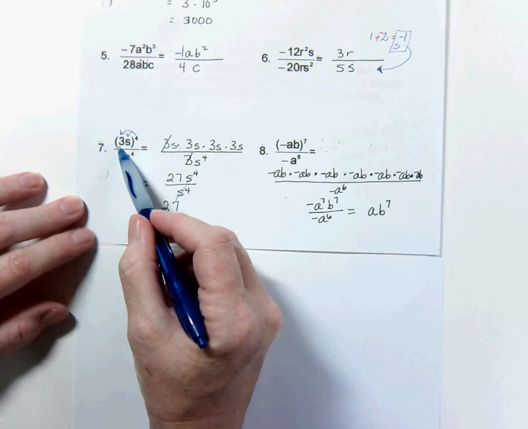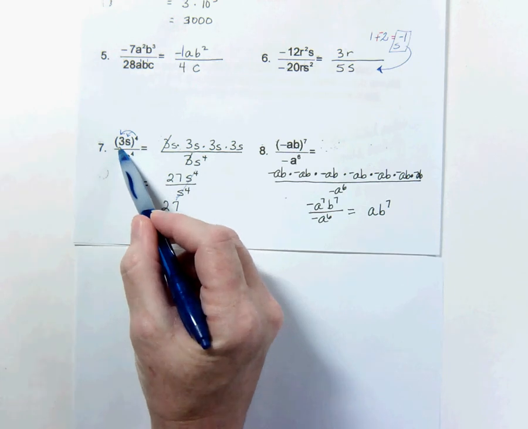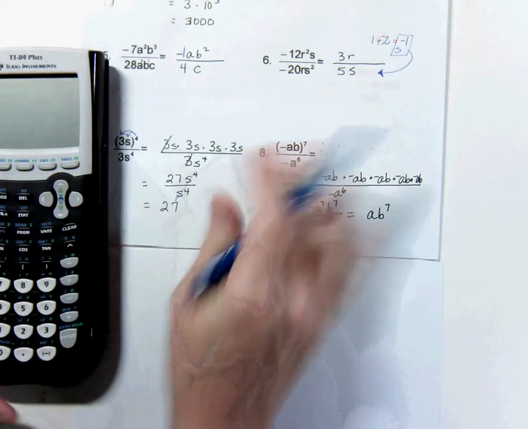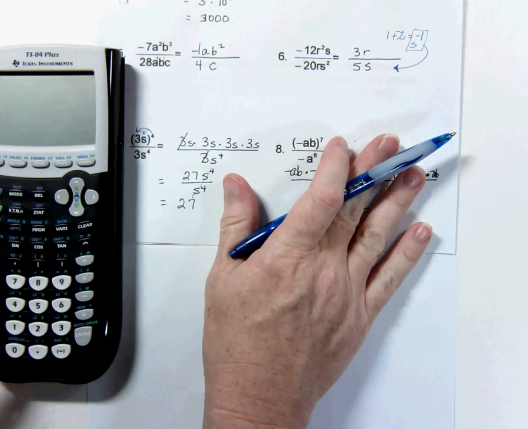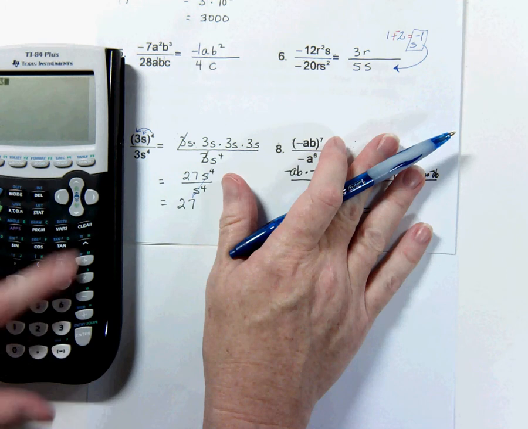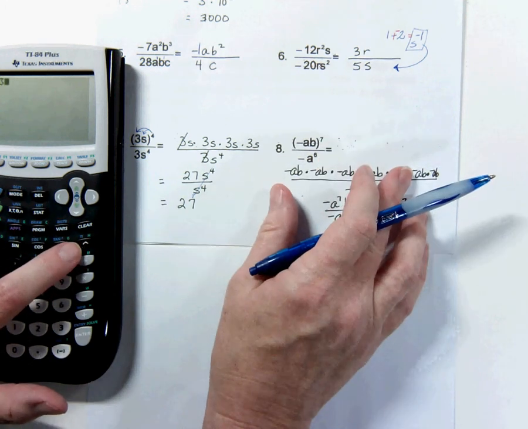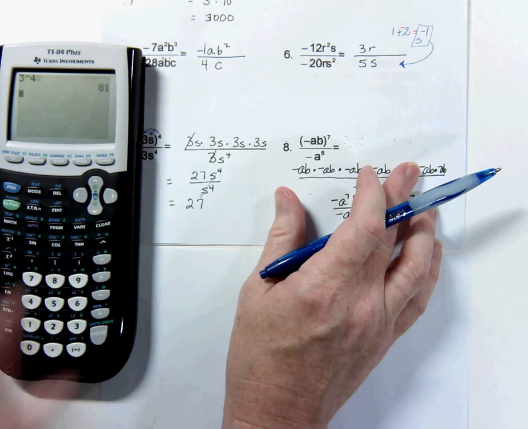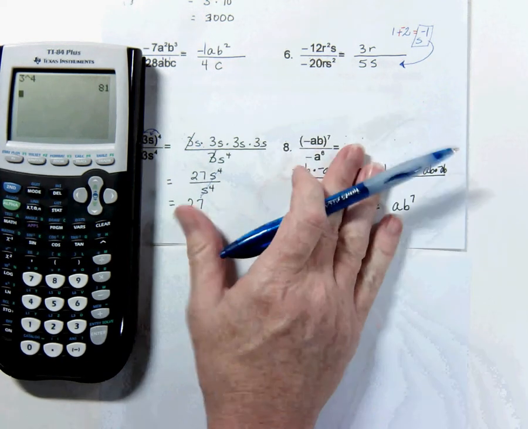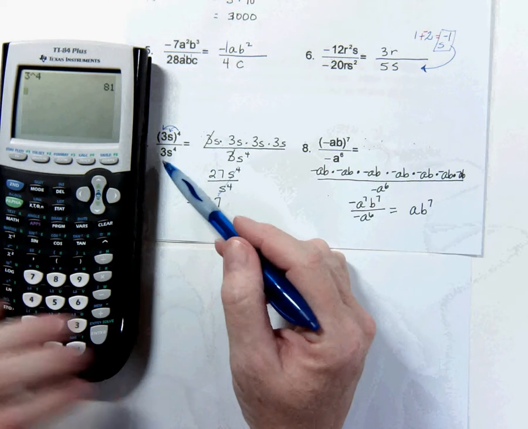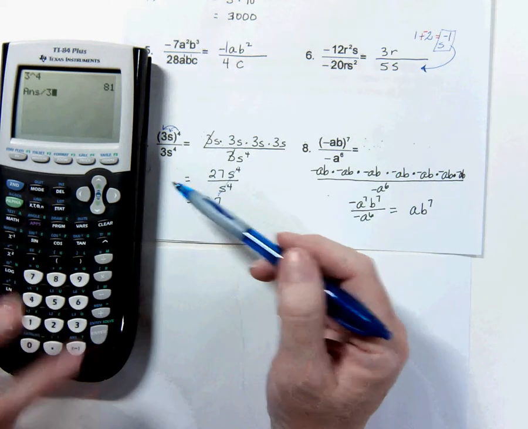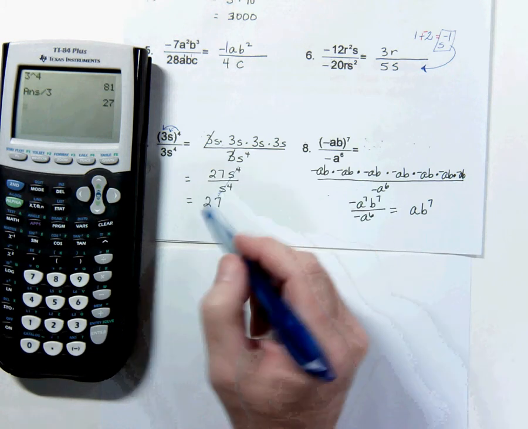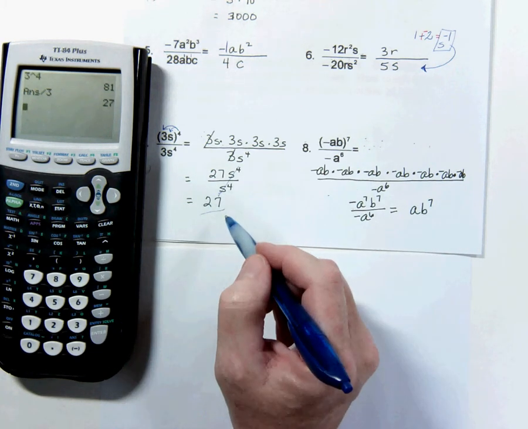But 3 to the power of 4, again, let's just put that in the calculator. You've got 3, use this house top for finding powers. House top 4 is 81. You're then going to divide that 81 by the 3. That's where they got 27. But because your s's cancel out, your final answer is just 27.